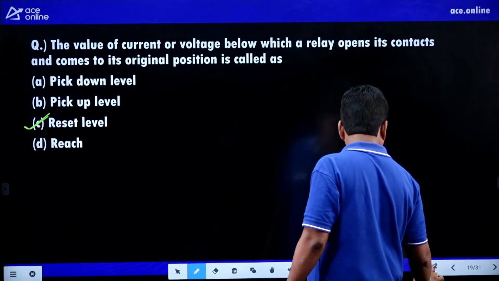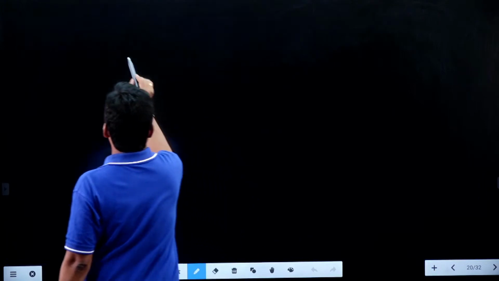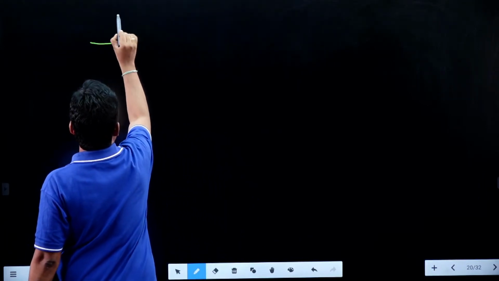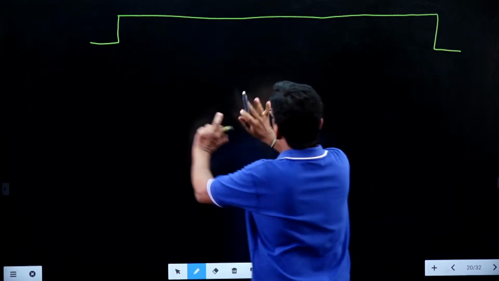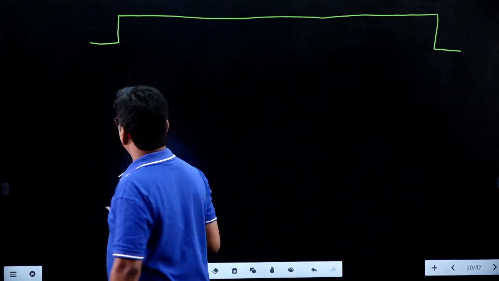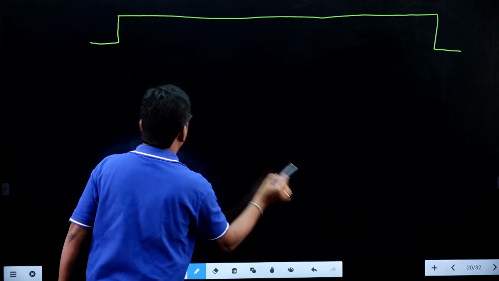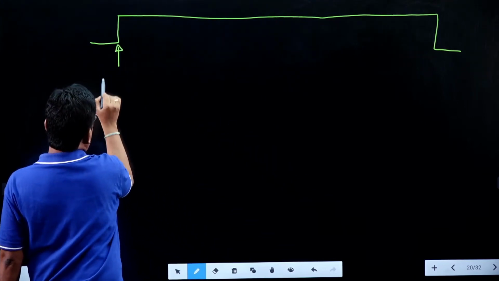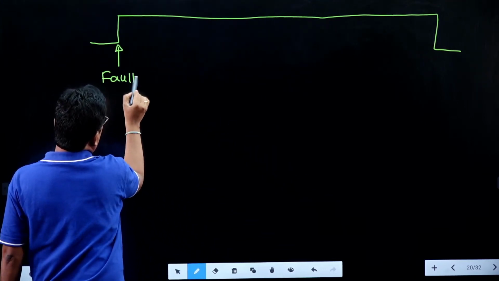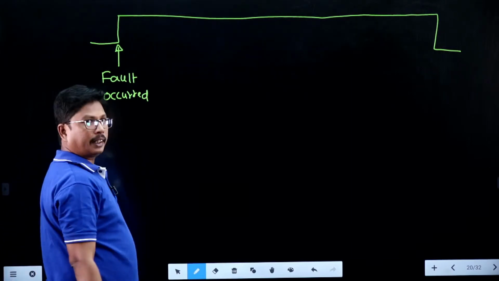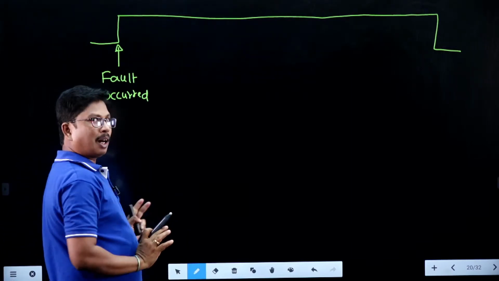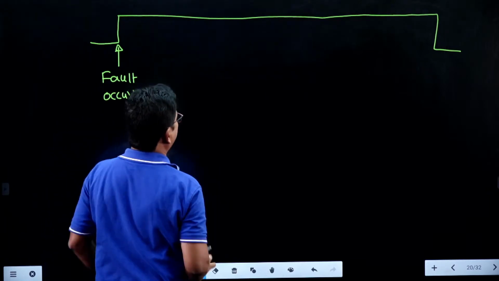If you see, students, the total operating time of the relay, we will get some clarity about this one. This is the total operating time. Here we got the fault, this is the fault occurred instant. Whenever a fault occurs, the relay is going to operate and give a trip signal to the circuit breaker.